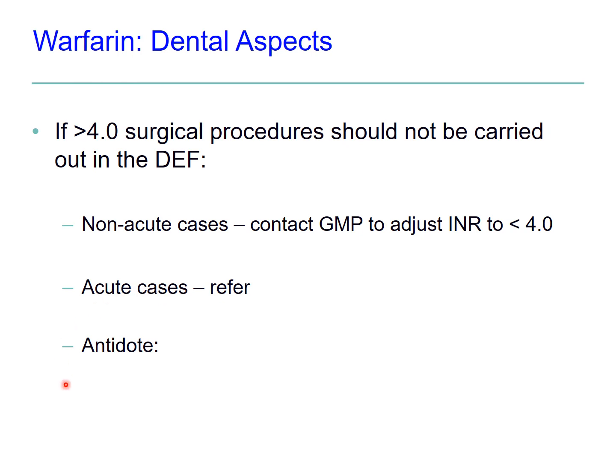And we've already discussed the antidote for warfarin, if you remember. That's vitamin K, just to remind you. That can be used to counter the effects of overdosage of warfarin or increased risk of bleeding during the surgical procedures, but is not normally required.